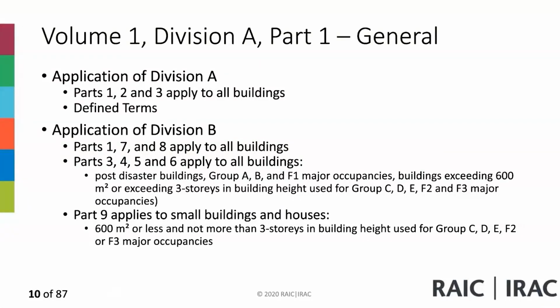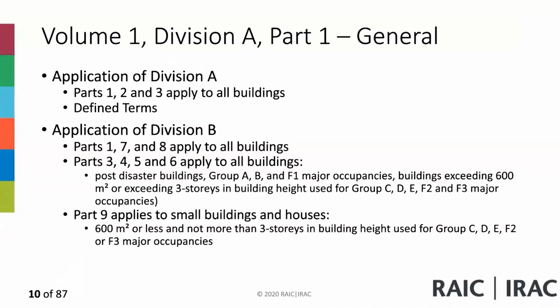You will find Group A, assembly; Group B, care, treatment, and detention; Group F1, high hazard occupancies. Each occupancy is a defined term. Any one of those buildings is going to be covered under Parts 3, 4, 5, and 6.